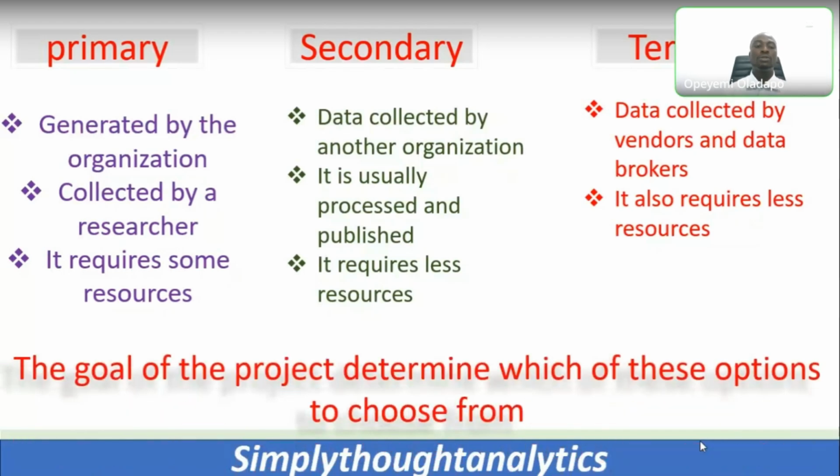So the goal of a project will determine which of these options one will choose. If your goal is that in your organization, you just want to know how the sales have been for the last 1 or 2 years, the performance of your workers and co, you will have to use your primary data source, because those are the type of data that will contain such information. But secondary data source can be used if you are going to do a project that requires information beyond the scope of whatever you are doing in your organization.